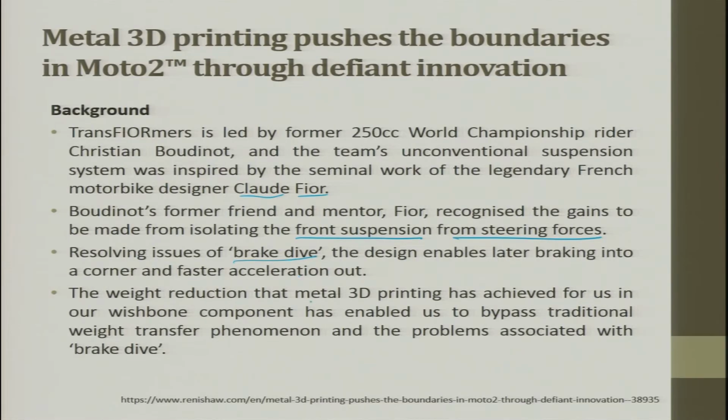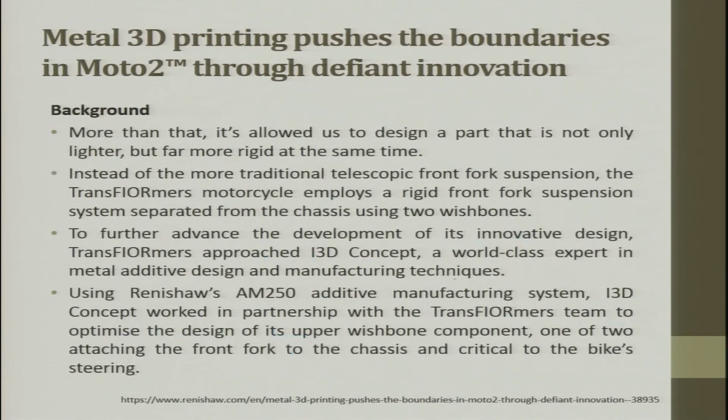The weight reduction that metal 3D printing has achieved for us in our wishbone component has enabled us to bypass traditional weight transfer phenomena and problems associated with brake dive. More than that, it allowed us to design a part that is not only lighter but far more rigid at the same time.